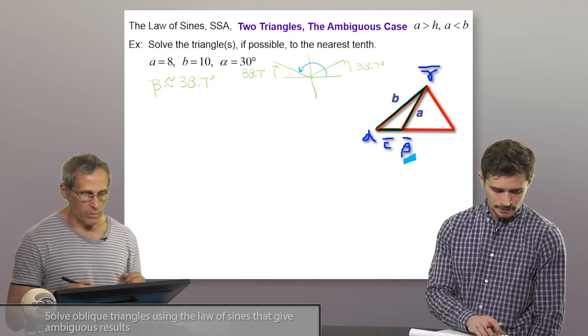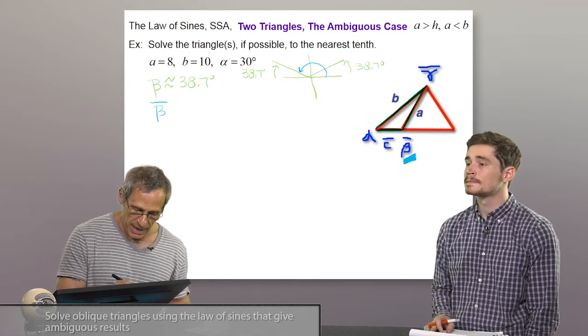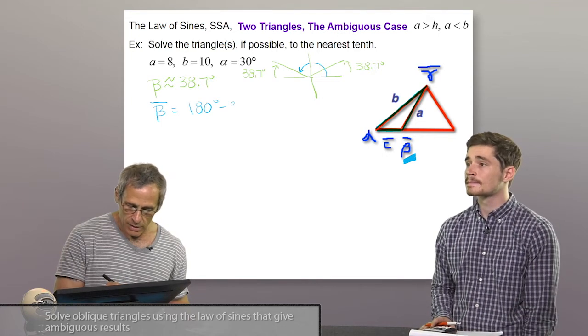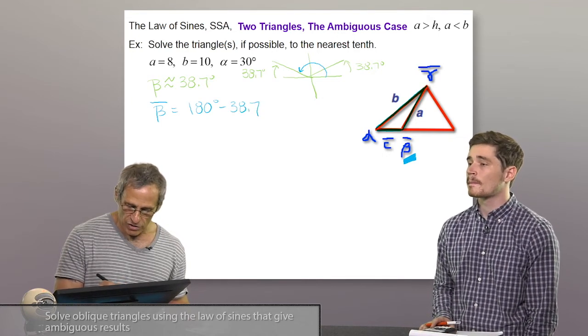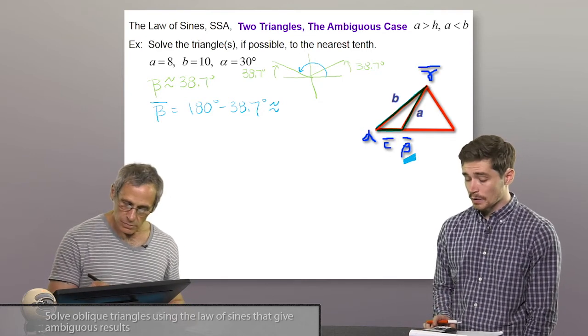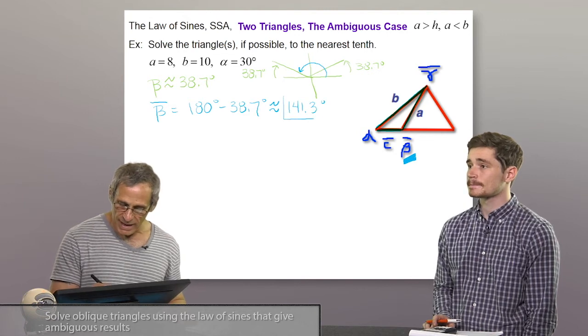Exact same value. And so that rotation, which is where we're going to begin, beta hat, is found by taking 180 degrees minus 38.7 degrees. And that would be what? That would be 141.3. Beautiful.